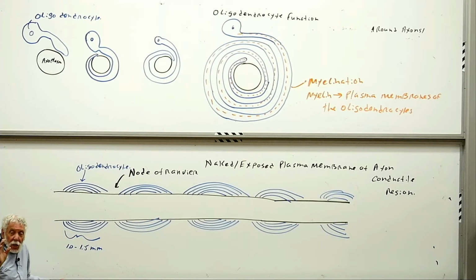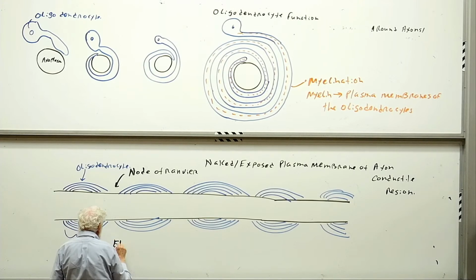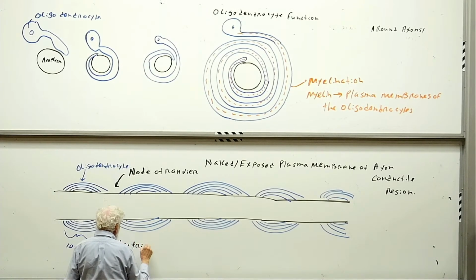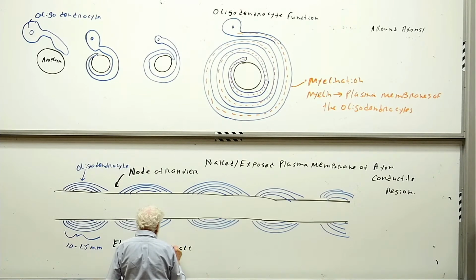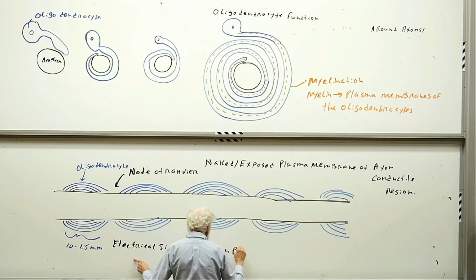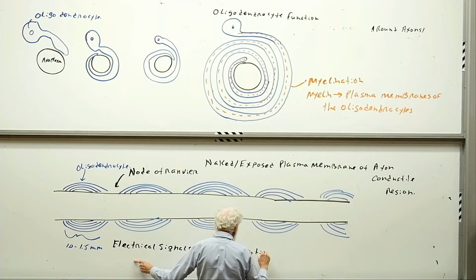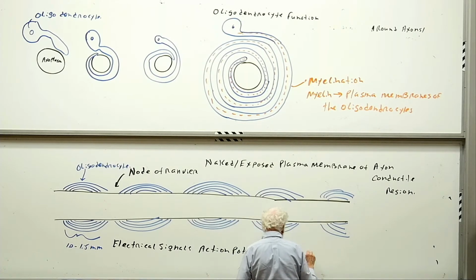Now, I'll mention it here. We'll drill down and we'll talk about the mechanisms when we get to it a little bit later. But what we're going to find is the electrical signals, called action potentials, hop from node to node.